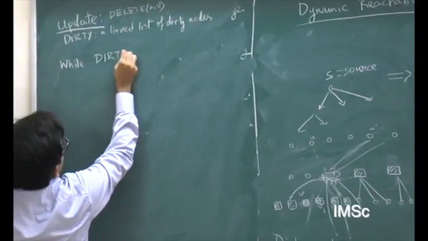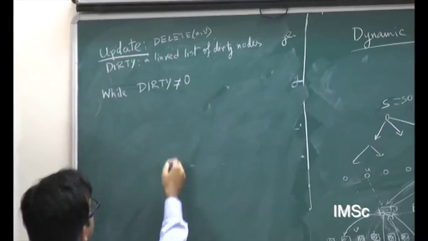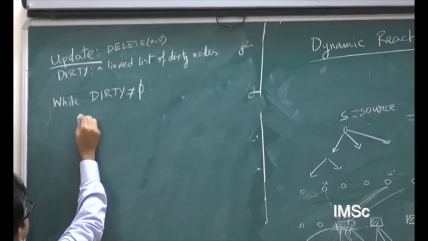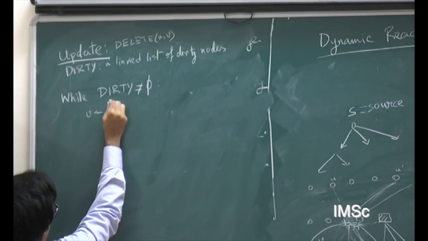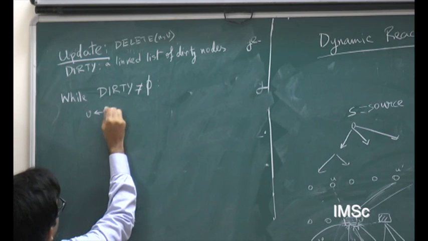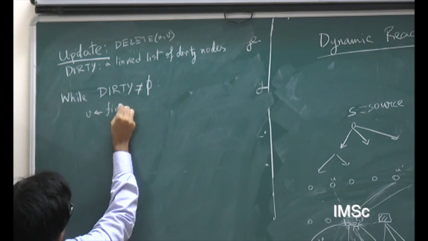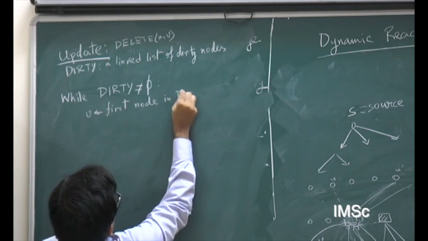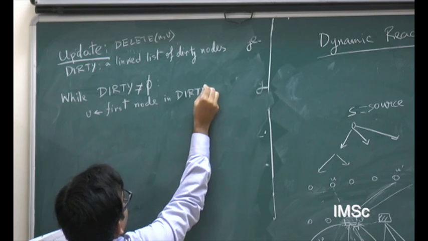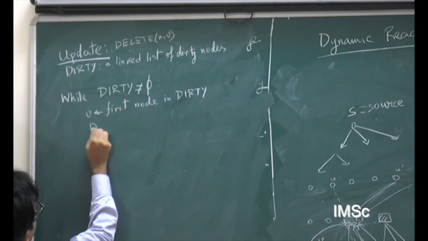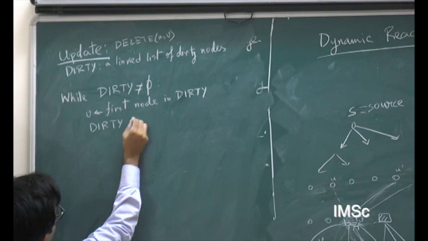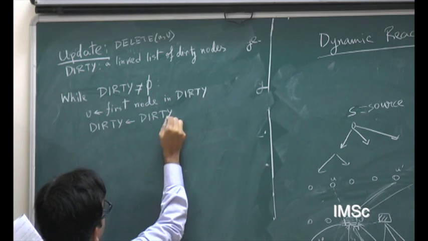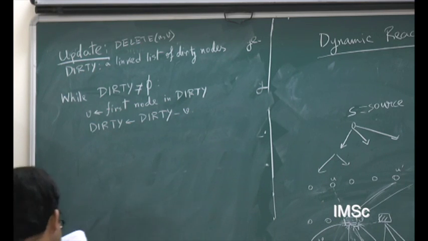While this list is not empty, take out the first node, remove it, then what do you do?